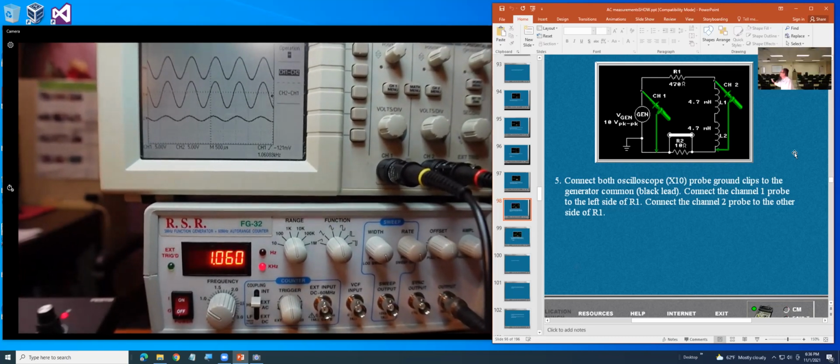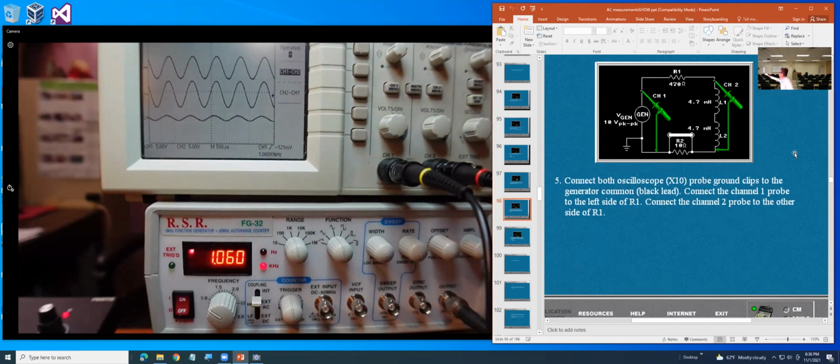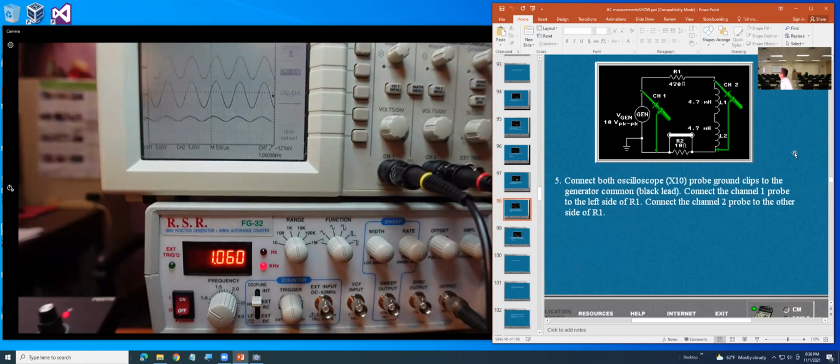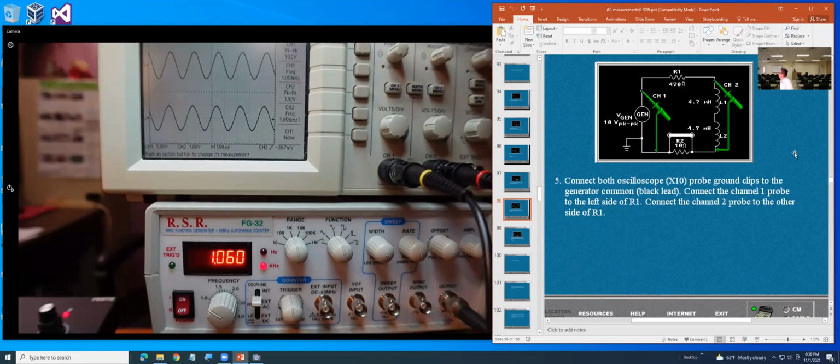Okay, how can we measure that? Let's see, if I say auto measure, see what happened. You see that? Auto measure.